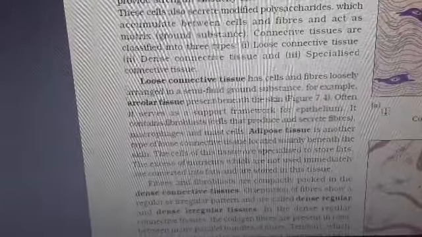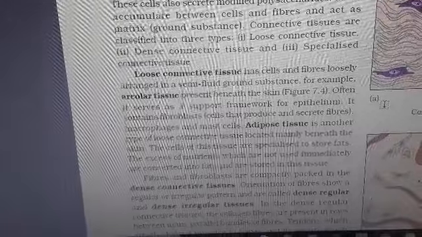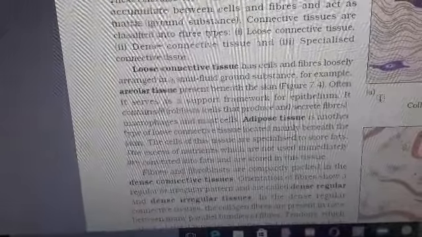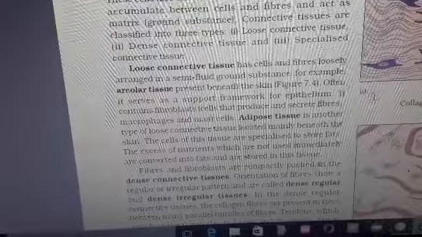So we're going to talk about the loose connective tissue first. As the name suggests, they are present very loosely and arranged in a semi-fluid ground substance. For example, areolar tissue beneath the skin. Often it serves as a support framework for the epithelium. Now, I would like to say that epithelium is a single layer tissue and it needs a basement membrane.